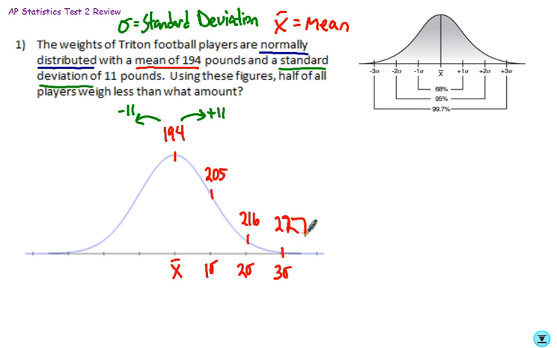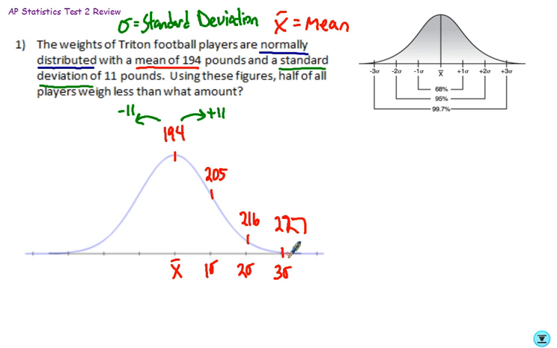Now, what this is representing, and we'll refer to this in a second, is that the thickest part of the curve is here in the middle. And then it gets thinner and thinner as you move out to the edges. So most of the football players weigh in the 190s-ish area, but maybe we have a few that weigh heavier.